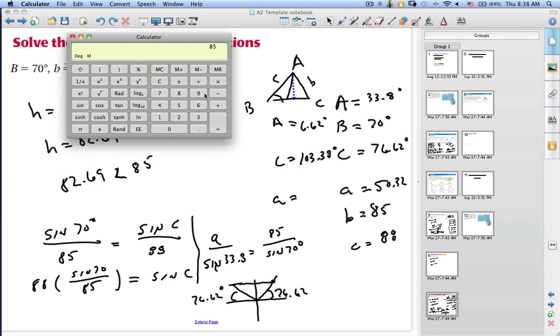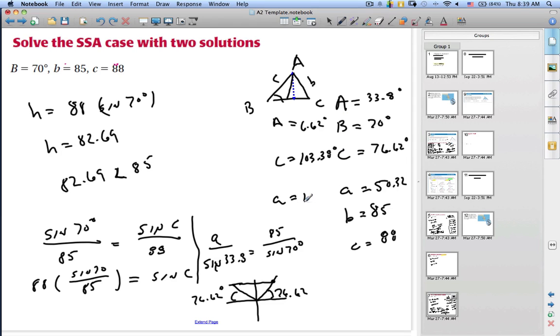So I'm going to have 85 divided by the sine of 70 times the sine of 6.62, and I get 10.43 for the length of my side, 10.43. So again, you see when the angle got much smaller, so did the side get much smaller. Okay, and that's how you solve through it.